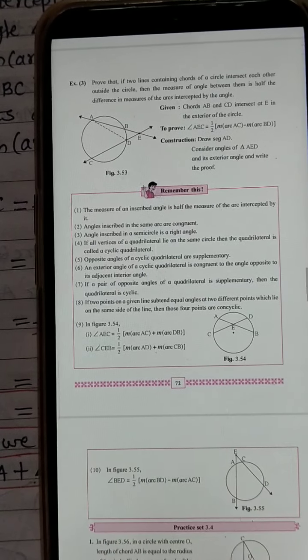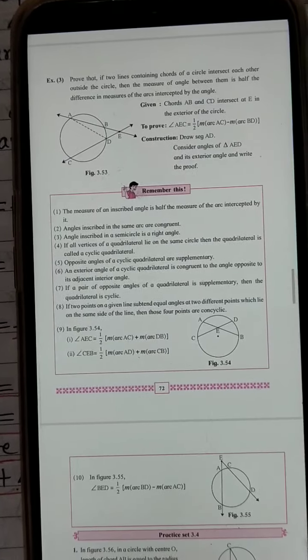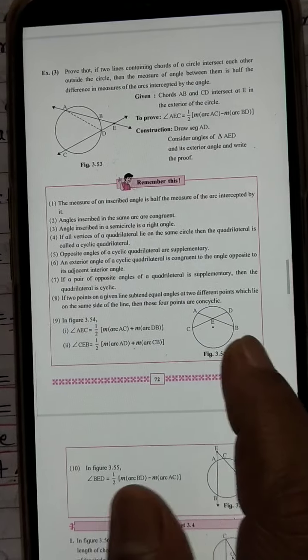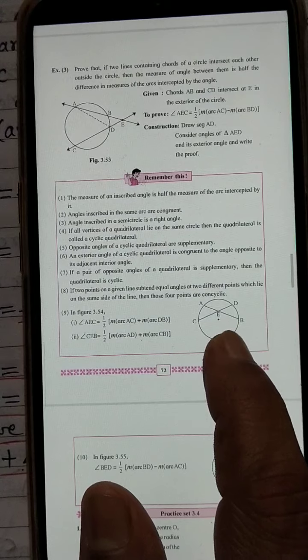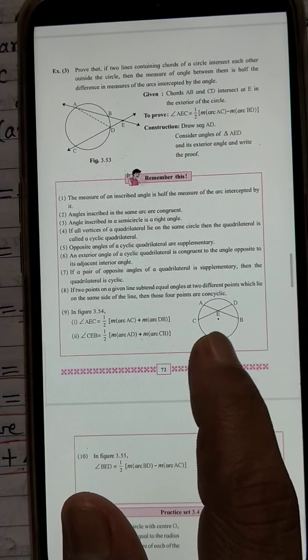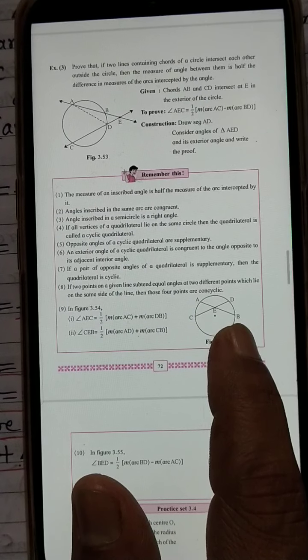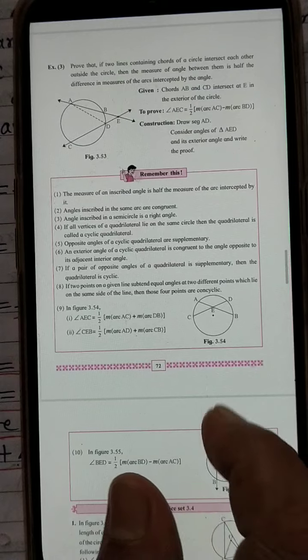Then number 9, let us see the figure. Here the vertex of angle AEC or angle CEB is in the interior of the circle.